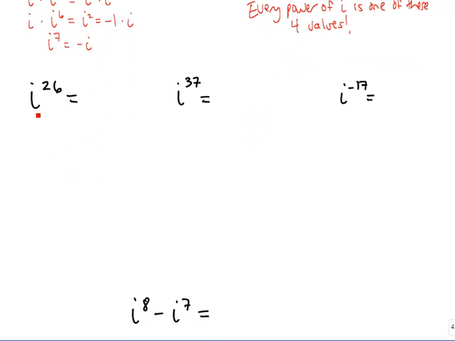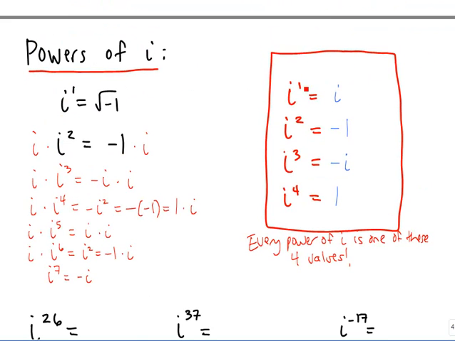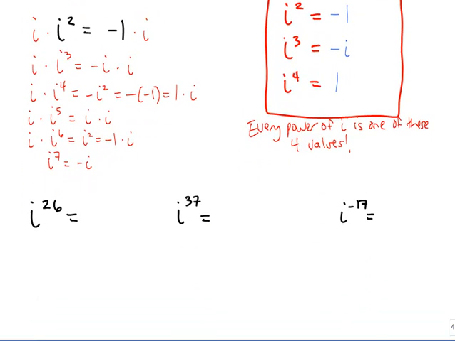The long way would be to take i to the 26th, and since this cycle up here is a cycle of length 4, I am going to break up the number 26 into 4s, as many 4s as I can. So for example, i to the 26th is i to the fourth, i to the fourth, i to the fourth, i to the fourth, i to the fourth, i to the fourth, and then an i squared.